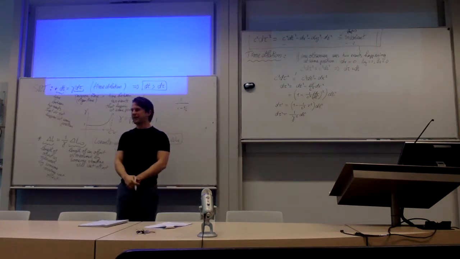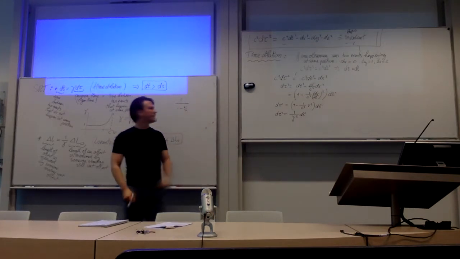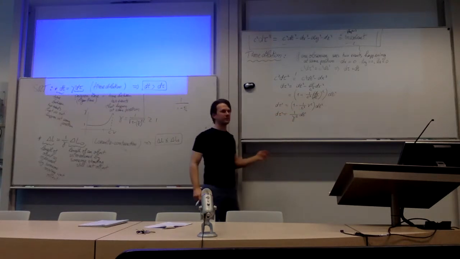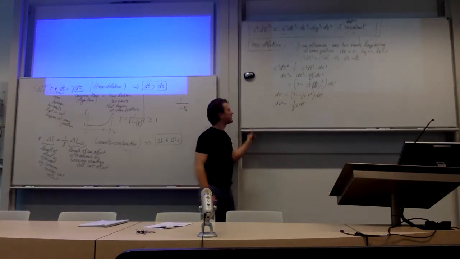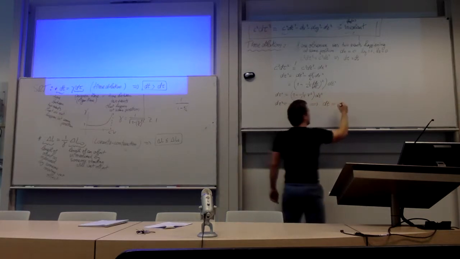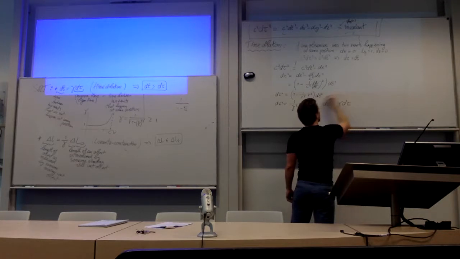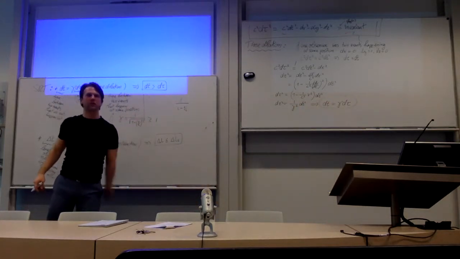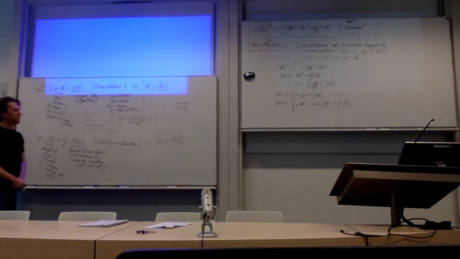If you substitute back in your expression for gamma, then you will recognize this as 1 over gamma squared. In other words, dt is gamma d tau. I've taken the square root of both sides and brought the gamma to the other side. There it is.